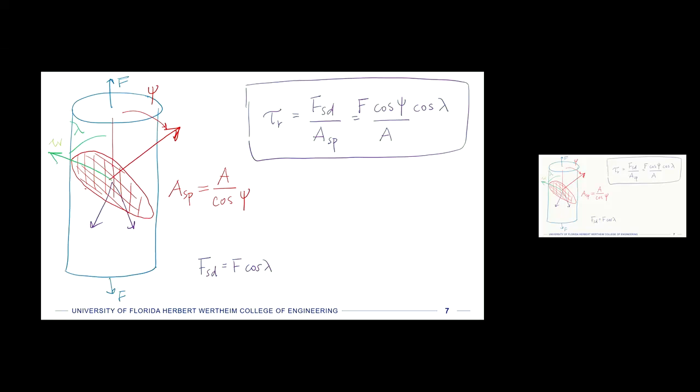So if these orientations can be measured, and if we know the force that's applied to the bar at the beginning, then we could estimate the resolved shear stress on that slip plane, to try to say, is there something that describes all BCC metals or all FCC metals or something like that based on how they act?